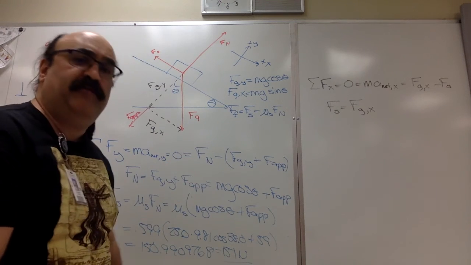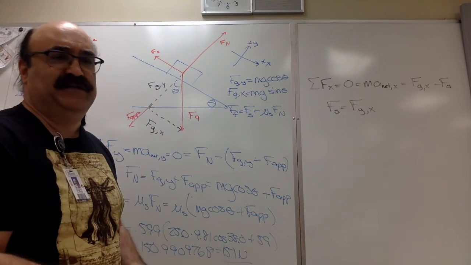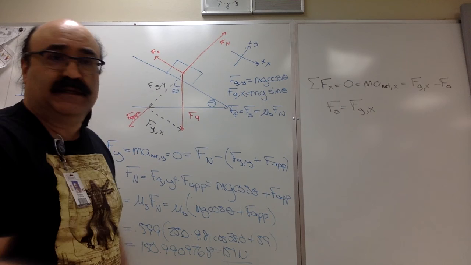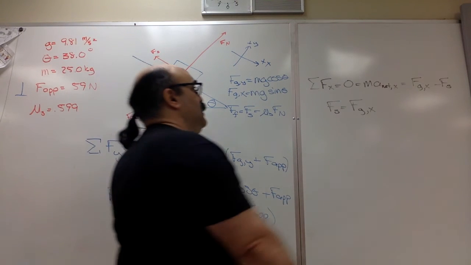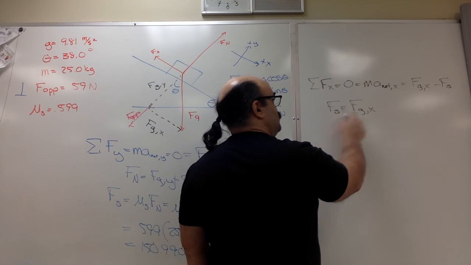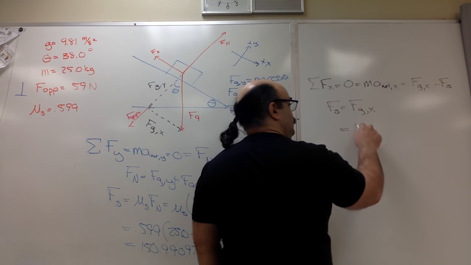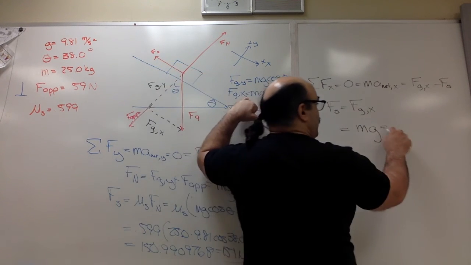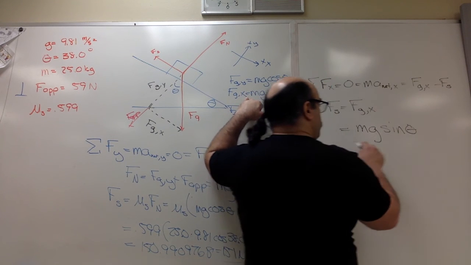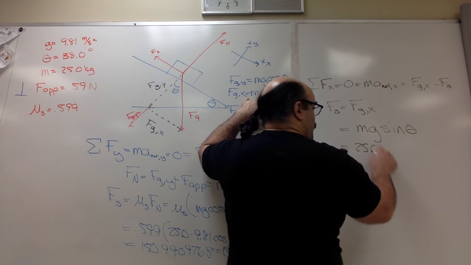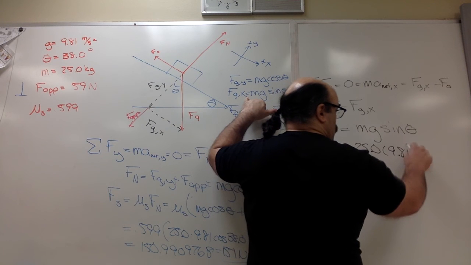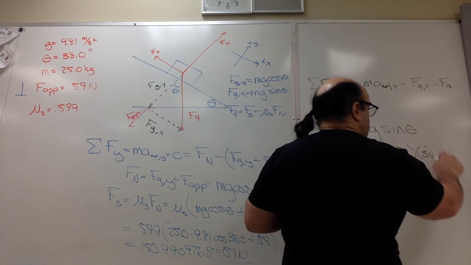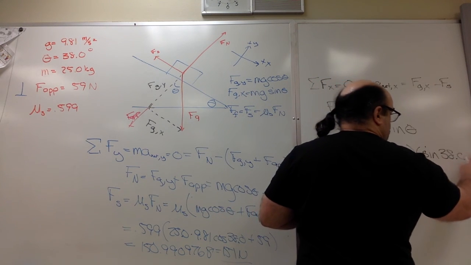I'm showing you both because we should get the same answer within a little error due to significant figures in our measurements. We have here force of static friction equals this. Well, this is simply equal to mg, while we're looking at x, sine of theta. So that's 25.0 times 9.81 times the sine of 38.0.